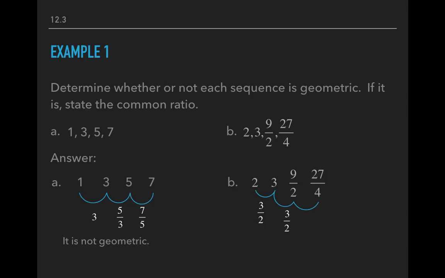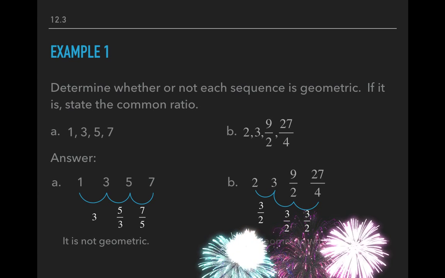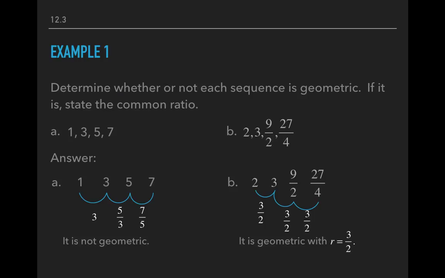And then it would be 27 over 4 divided by 9 over 2, but again, instead of dividing by a fraction, multiply by the reciprocal. So 27 over 4 multiplied by 2 over 9, and when you simplify, that does give you 3/2. So each time here we have the same ratio, and this is going to be geometric because of it, and that ratio is 3/2.